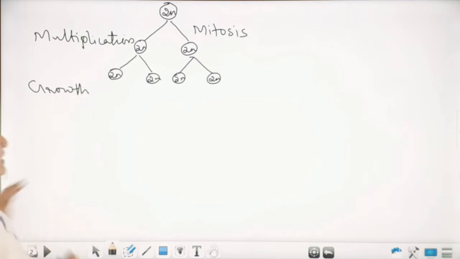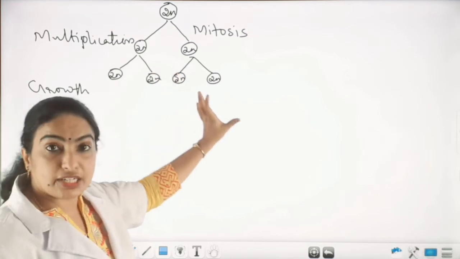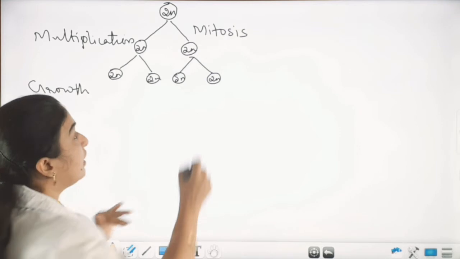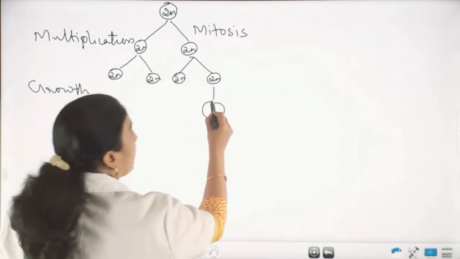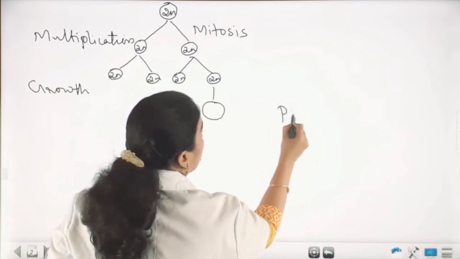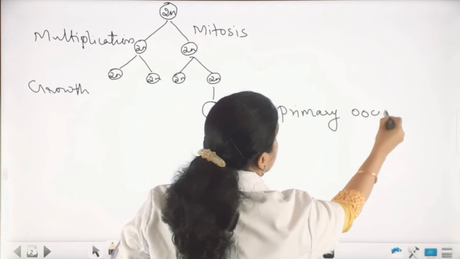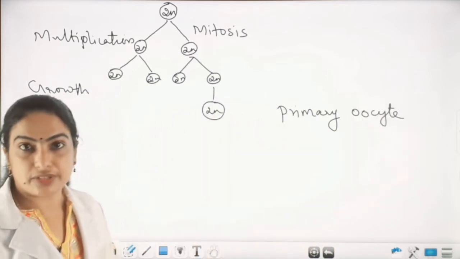During the growth stage, half of them only enter into the second stage, and this oogonium gets enlarged in size, and that is known as primary oocyte. Primary oocyte. And this primary oocyte is also diploid in nature.